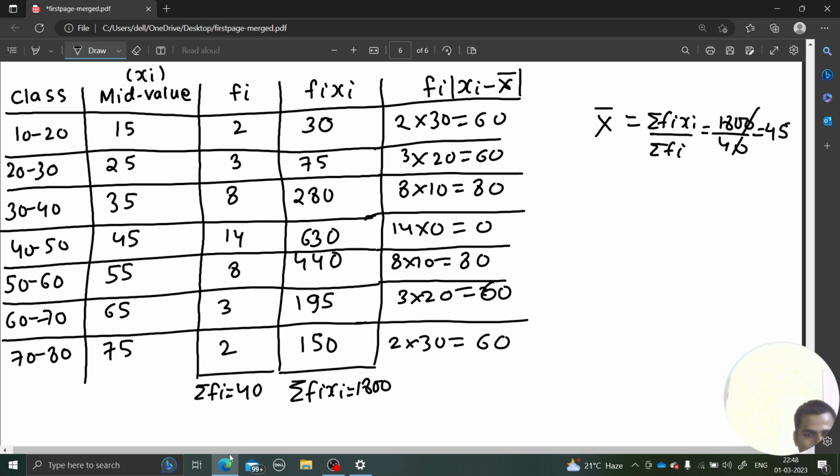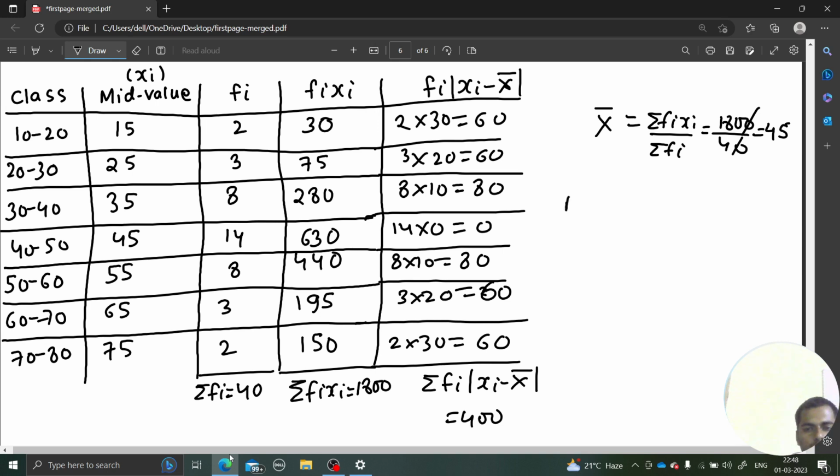So we'll have to find this summation also, summation Fi |xi minus x bar|. So let's calculate this, although easy to calculate. Let's not use calculator again. So this is 120 plus 80, 200 plus 80, 280 plus 60, 340 plus 60, 400. So this is 400.